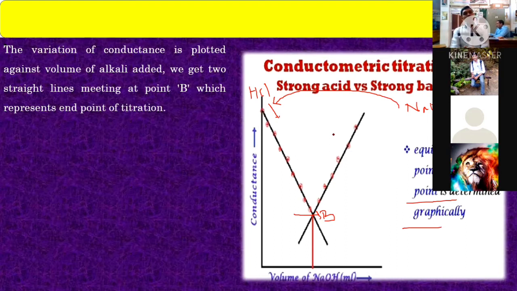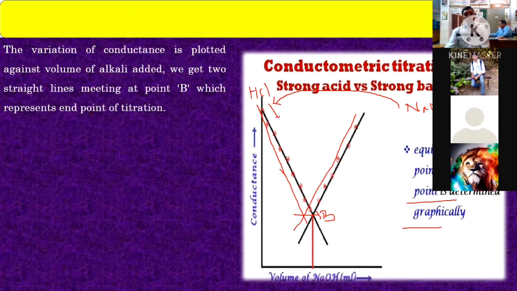Then determine the mean, or the number of readings may be up to 7, 8, 9, 10, 11, 12 or 20 readings taken during conductometric titration, and you plot some or all readings on graph paper. Then draw this graph. The nature of this graph is conductance against volume of NaOH. The graph appears like this. Okay, this is a conductometric titration, strong acid versus strong base.